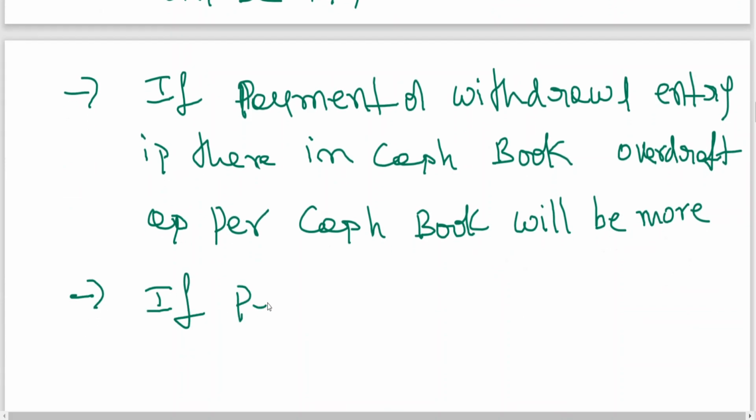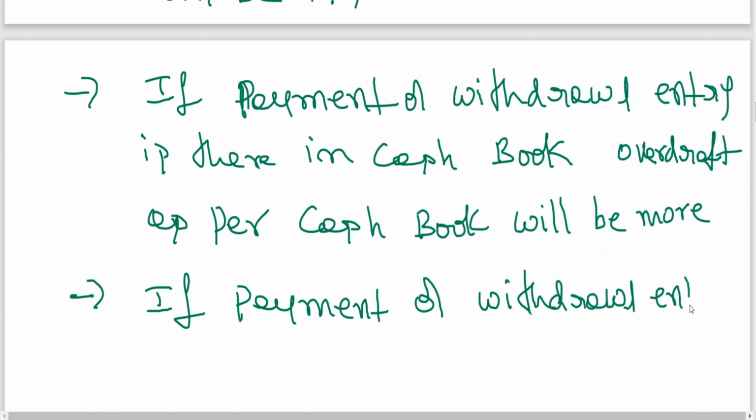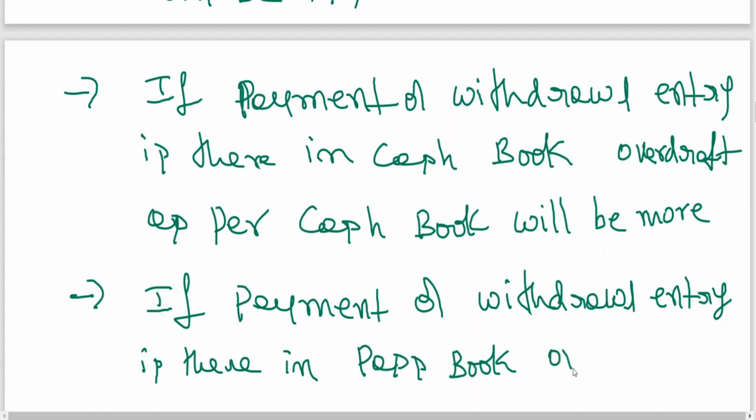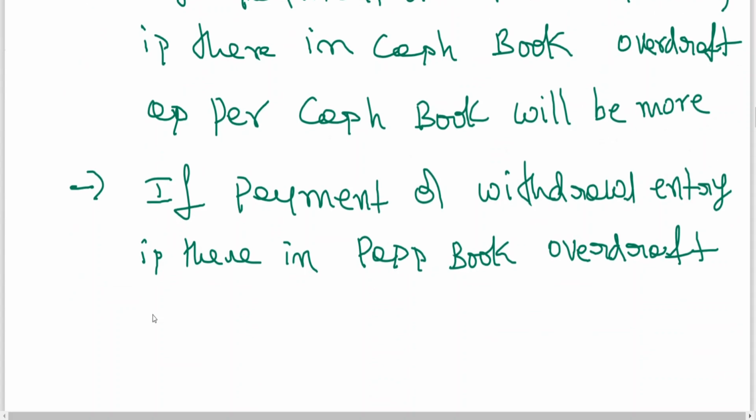If payment or withdrawal entry is there in passbook, overdraft as per passbook will be more.